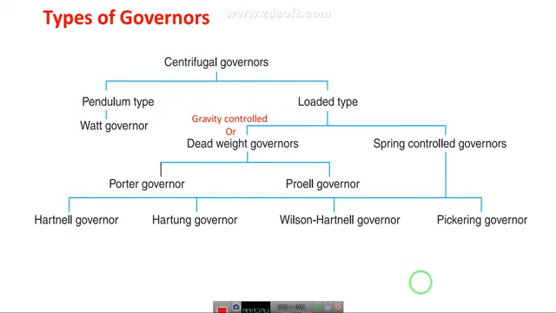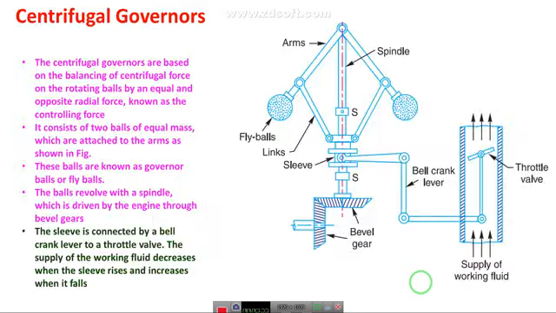The dead weight governor is classified into two types: the Porter governor and the Proell governor. The Proell governor is again classified as the Hartnell governor, Wilson-Hartnell governor, and Pickering governor. The spring controlled governor is classified into four categories.